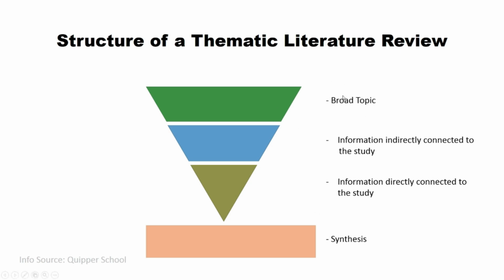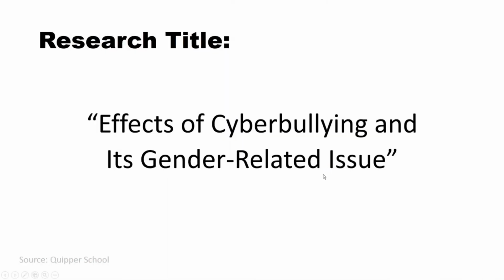So anong ibig sabihin ng broad topic, information indirectly connected to the study, and so on. So don't worry guys, because I'll be giving you full definition at examples kung ano tong mga parts na to. So for example, we have a research title entitled Effects of Cyberbullying and its Gender-Related Issue.